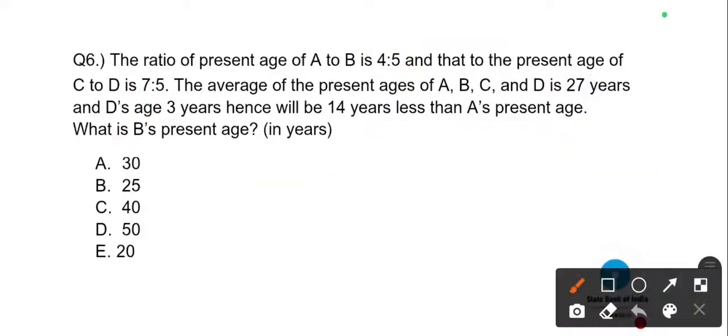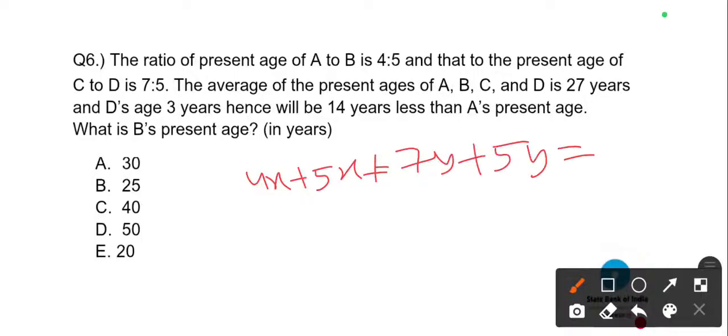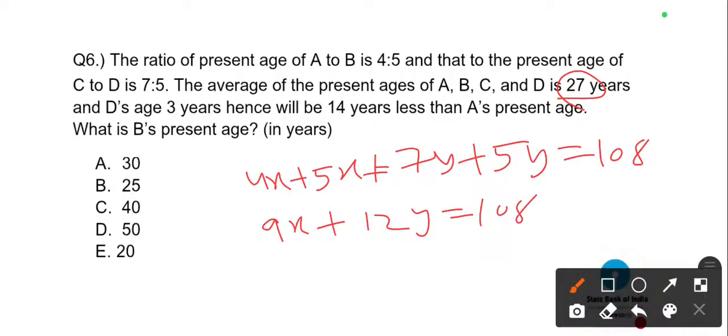Okay, I got this one this time. So we got 4x plus 5x plus 7y minus 5y, whole equals to 27 times 4, which will be 108. So here we get 9x plus 12y equals 108, and the condition we have here is D minus 3.